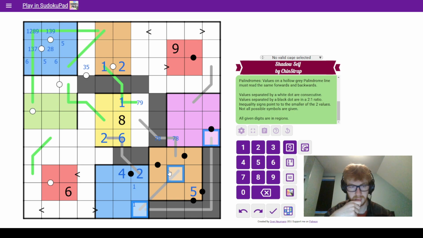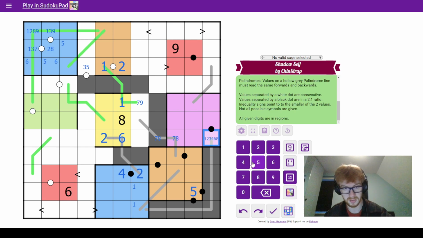Except it's not 2, 4, 6, or 5, but that's not enough restriction. So this is 1, 2, 3, 4, 6, or 8. It's not 2 or 6. It's not a 4 because then it would be mirrored here. If it's 3, that's a 6.